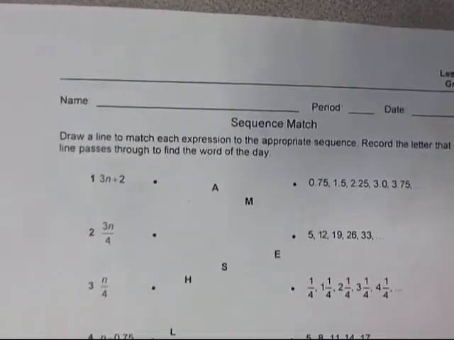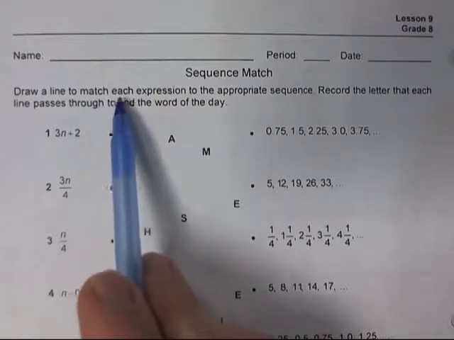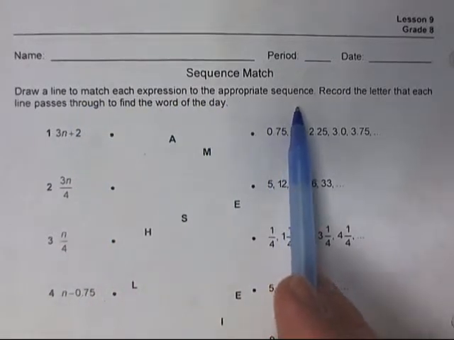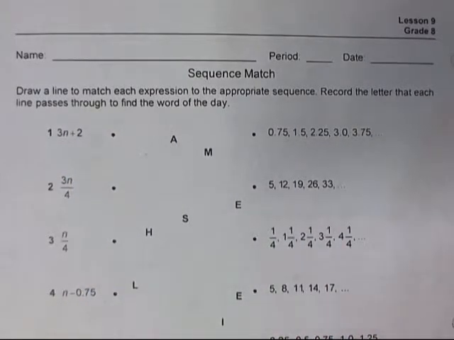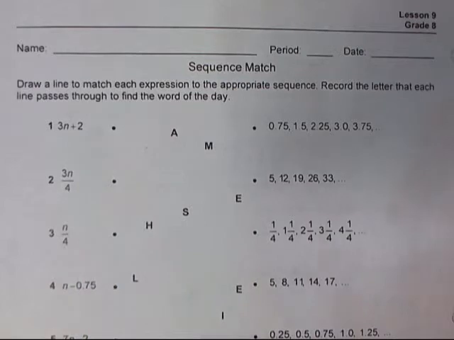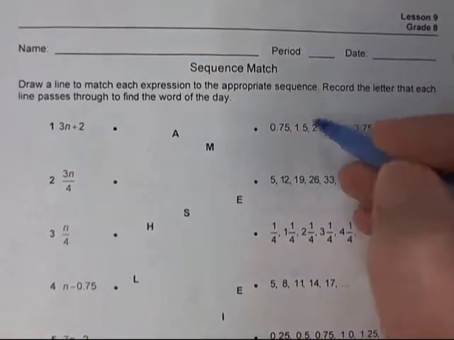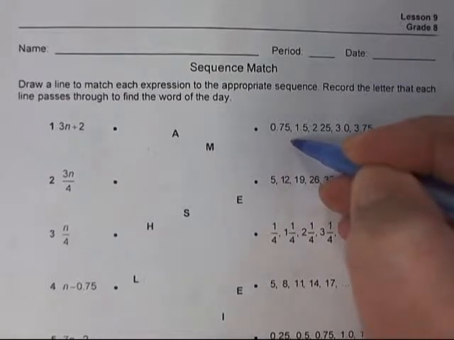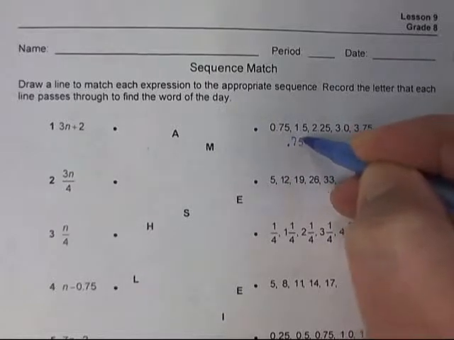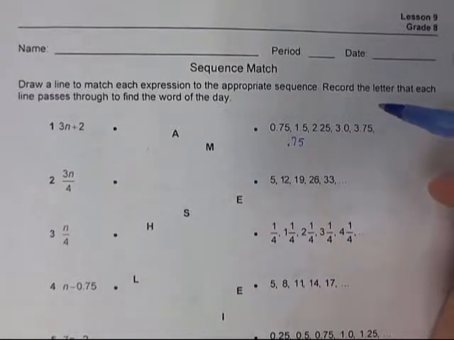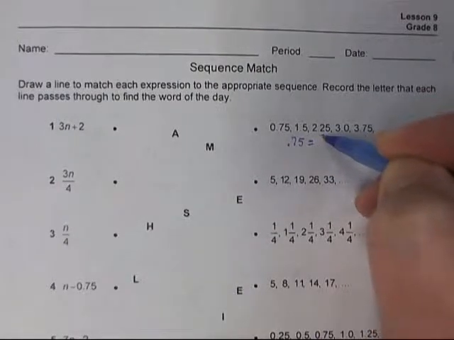Turn to the back. Draw a line to match each expression to the appropriate sequence. Record the letter that each line passes through to find the word of the day. Okay, so let's look at this sequence of numbers. It looks like the pattern is the numbers are increasing by 0.75. 0.75 is equivalent to 3/4.